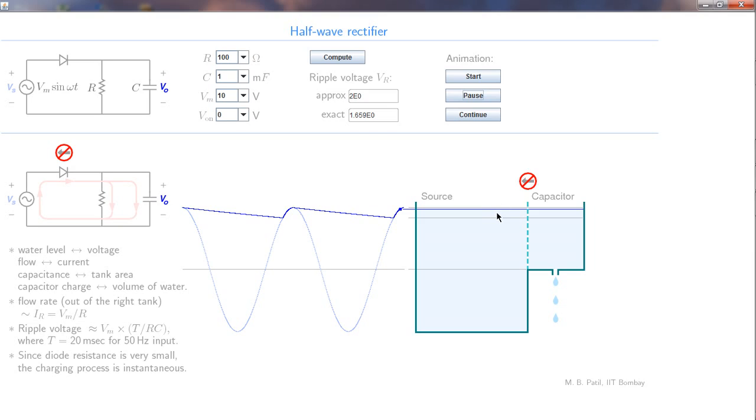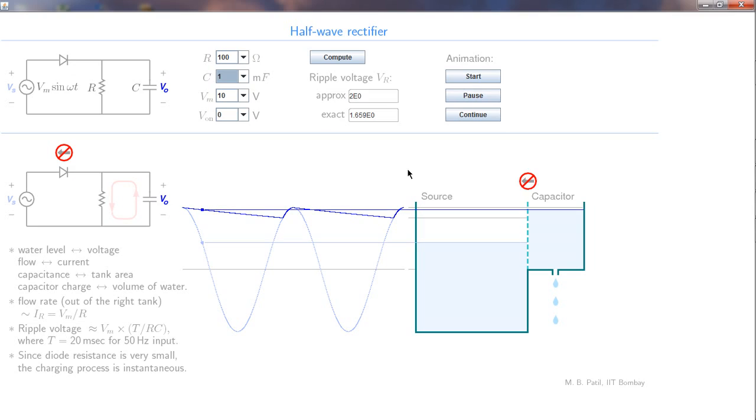So the water flow that happens in that short time must be much larger than this water flow, and that means that the peak diode current must be much larger than the average load current.